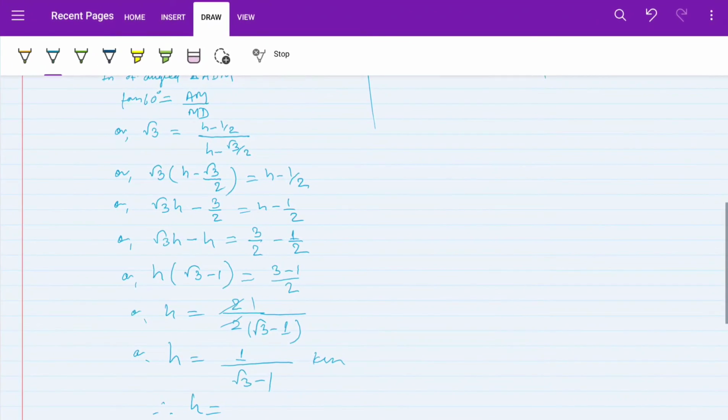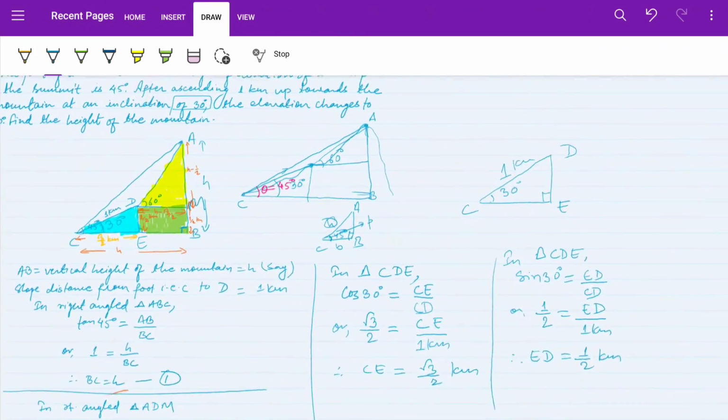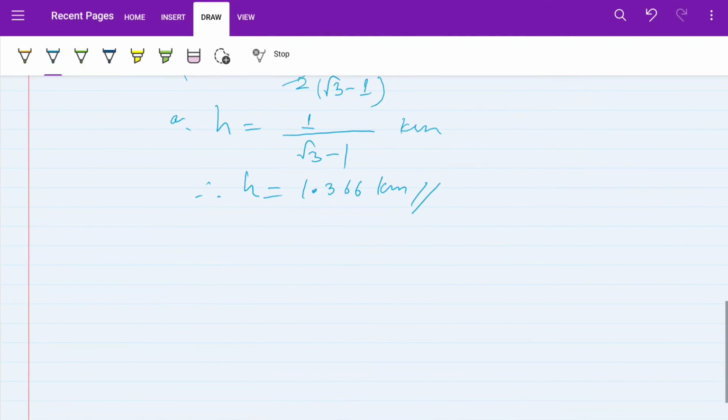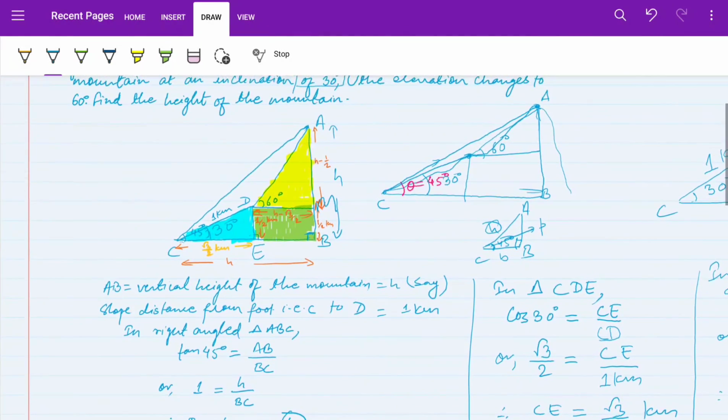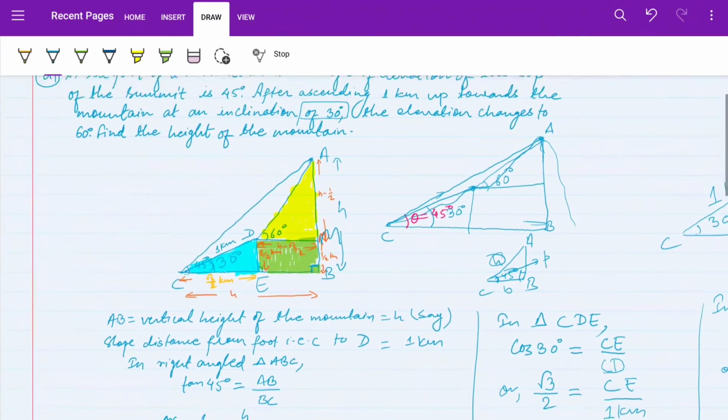So the value is 1.366 kilometer. So this is the height of the mountain here. The mountain is 1.366 kilometer tall. So from the horizontal level, the top of the mountain is at 1.366 kilometer.